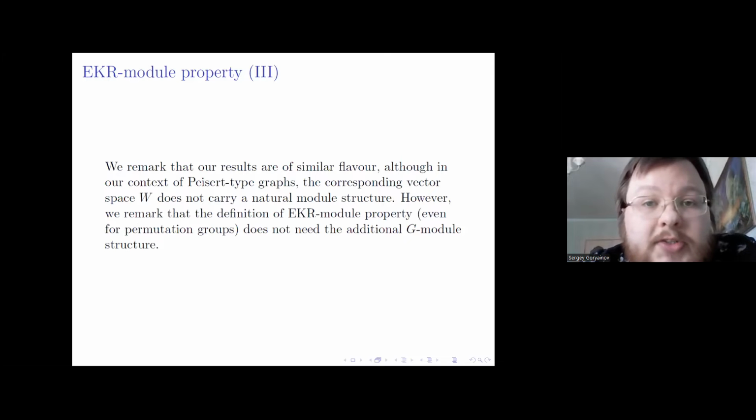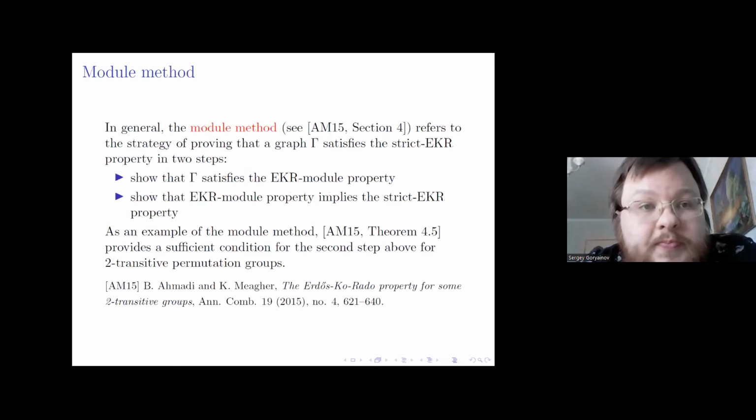We remark that our results are of similar flavor, although in our context of Peisert-type graphs, the corresponding vector space W does not carry a natural module structure. However, we remark that the definition of the EKR module property, even for permutation groups, does not need the additional G-module structure. In general, the module method, see the paper by Ahmadi and Meagher, refers to the strategy of proving that a graph gamma satisfies the strict EKR property in two steps.